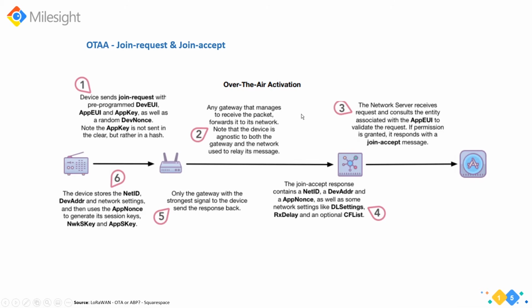If everything is okay, the network server will send a response including the join accept message to the gateway.